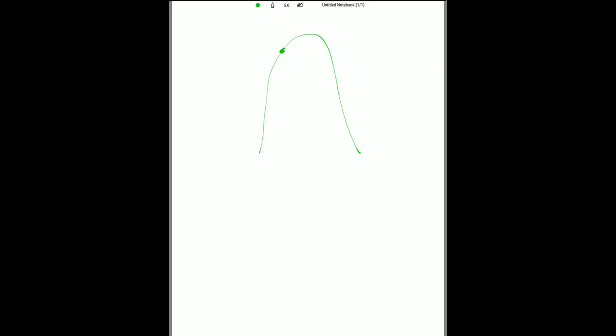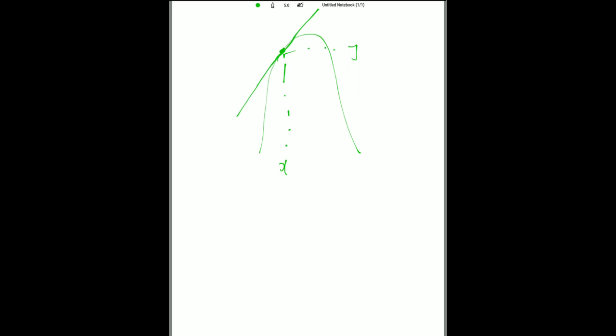The ingenious thing to do is to draw a line that is tangential to the curve at this point right here, x, y. We're going to draw a line that is tangential to the curve at this very point.